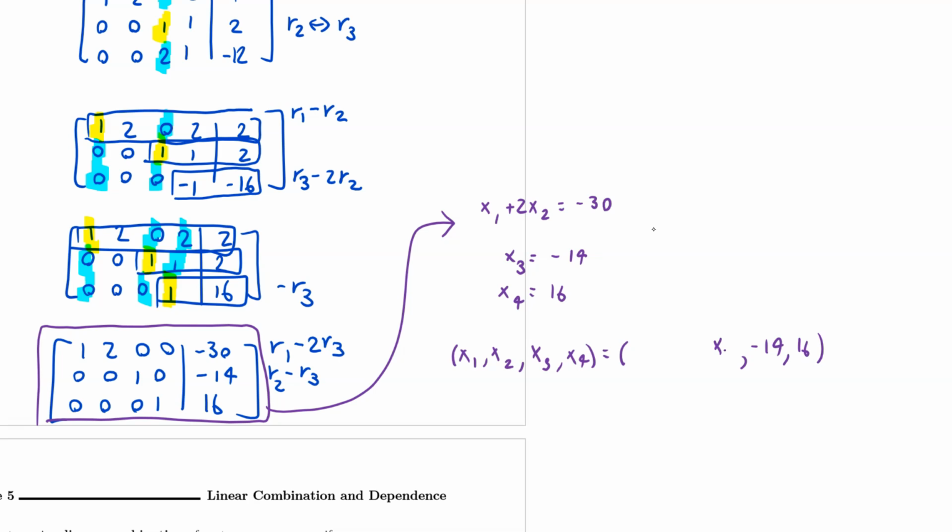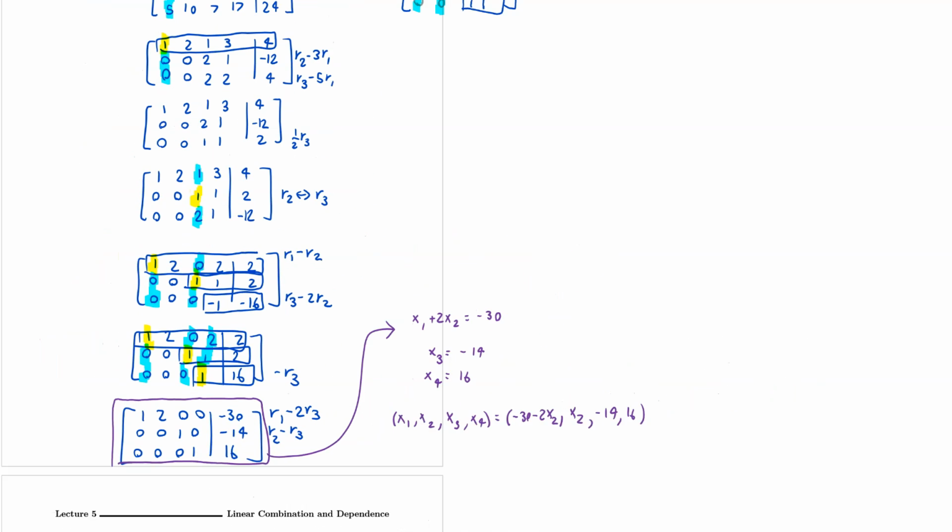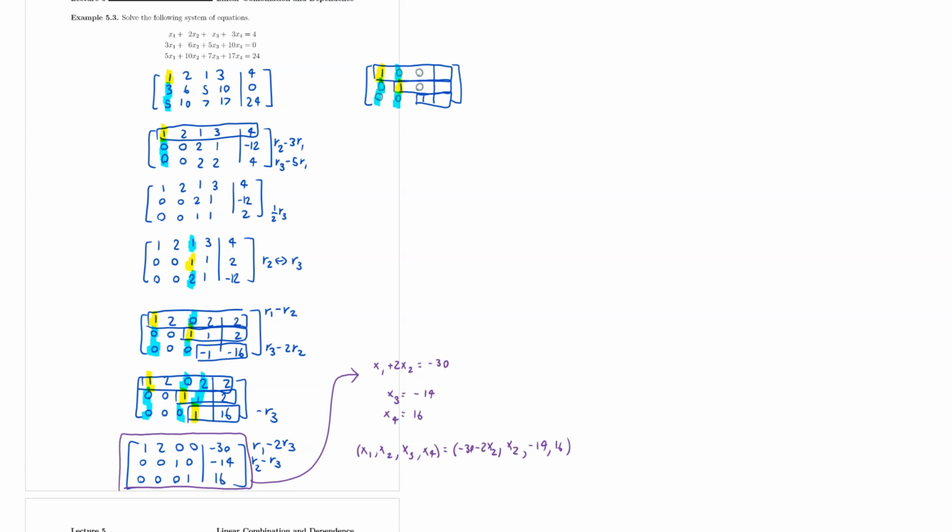My x2 can be anything, and then my x1, if I move 2x2 to the other side, is going to be negative 30 minus 2x2. So here, this is my solution for this system of equations.